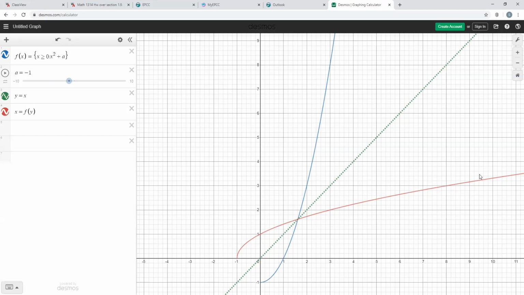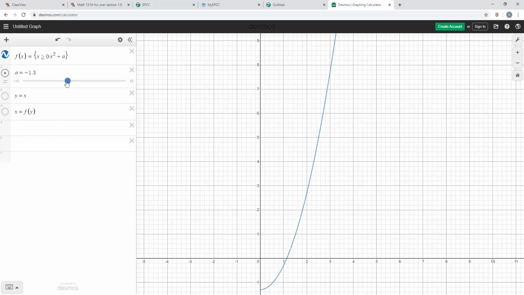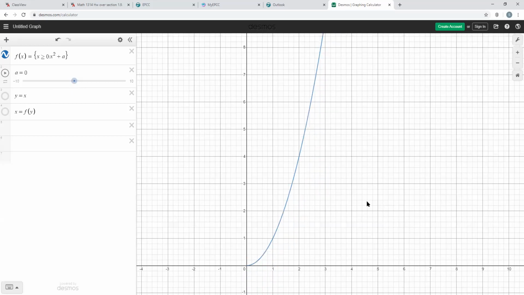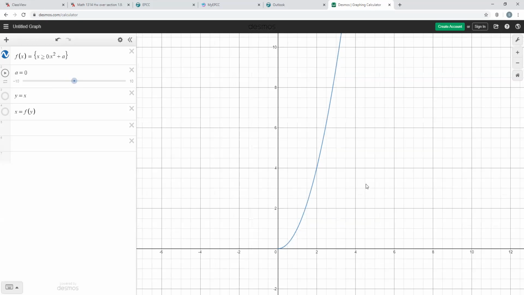Okay? One more thing, and then we'll be able to look at the homework, and that should be it. I'm going to clear these out and show, well, let's see here. How about I just turn this off? Turn this off. Go back to a equals 0, just because that's fairly simple. Okay.